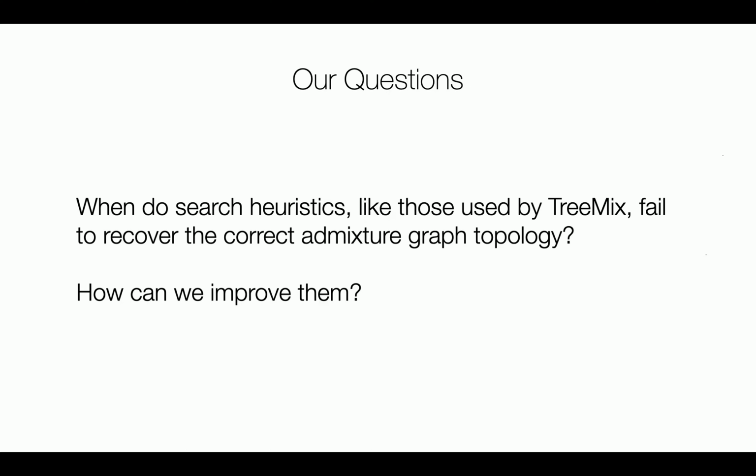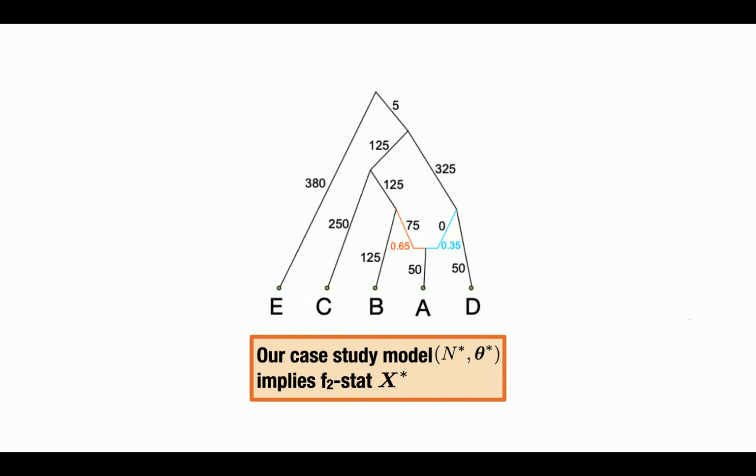In this talk, we are interested in the case where search heuristics like those used by TreeMix fail to recover the correct network topology, as well as how we can improve the search heuristics in such cases. Our work begins with a case study, and we're considering the model admixture graph shown here, which has branch lengths in coalescent units multiplied by 1,000.